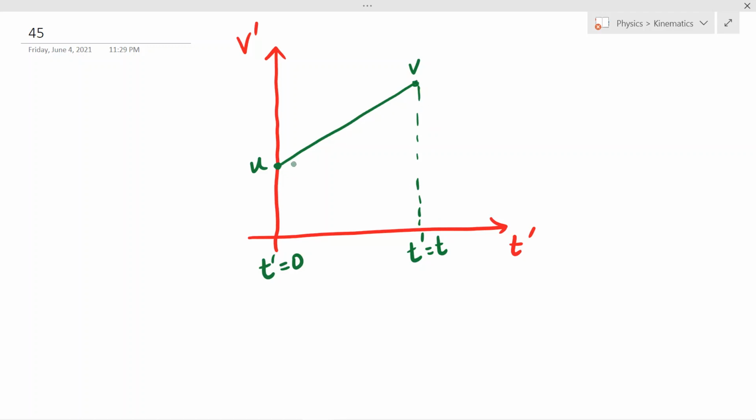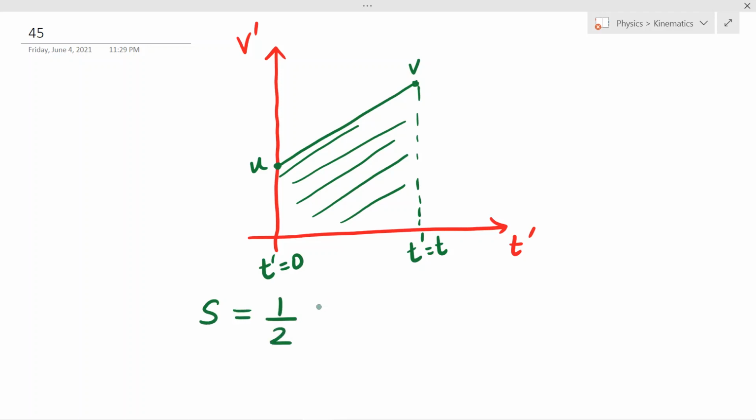Now we can say that the area of this trapezium is nothing but the displacement, because it is the area under the curve. So the displacement S is equal to the area of this trapezium, which is half times the summation of the parallel sides, that is this one and this one.